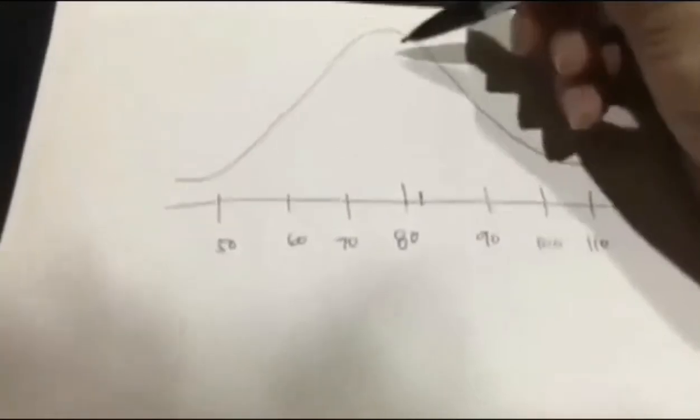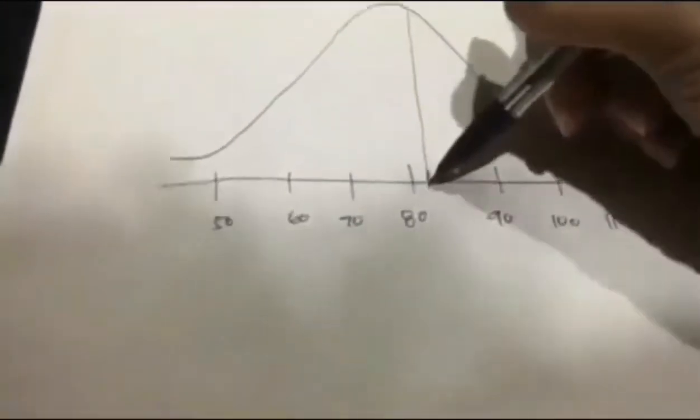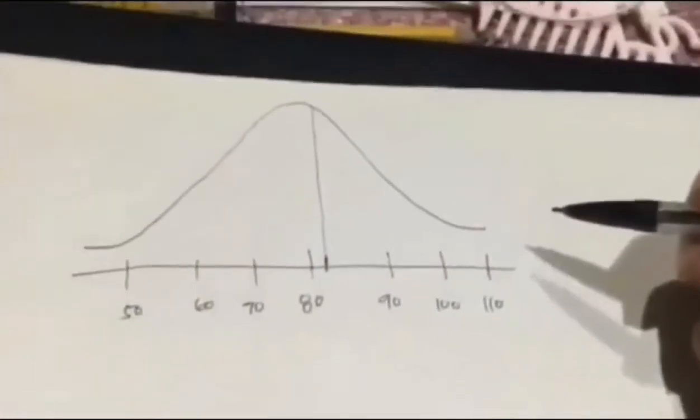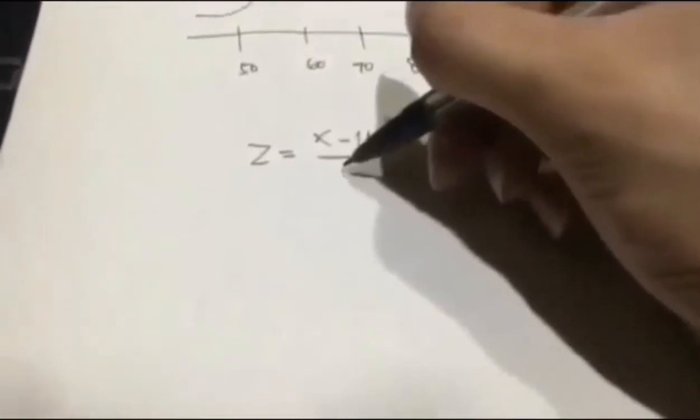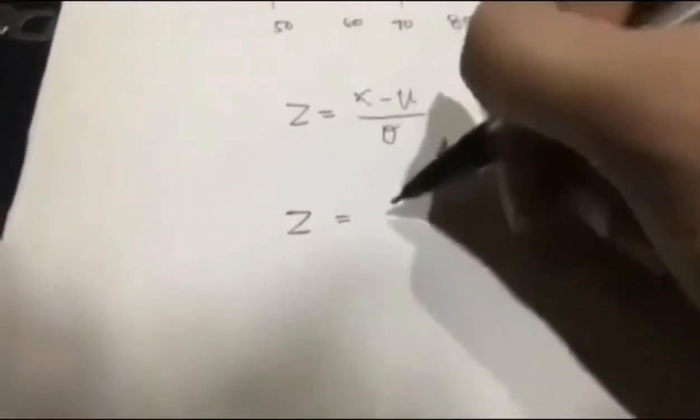The question is, what percent of students got below 81? So on our graph, this part of the graph is what we are talking about. To solve this, we're going to use the standardization formula, which is z is equal to x minus the mean over the standard deviation. We're just substituting the values into the equation.